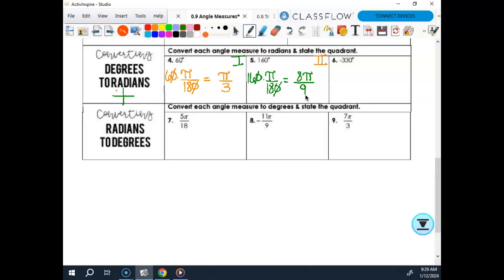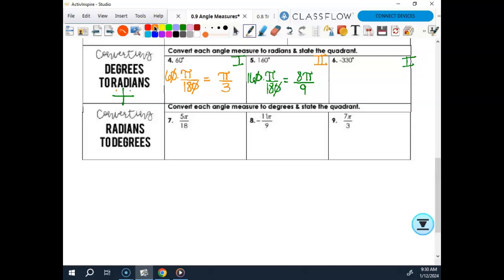All right, negative 330. Now this is negative. Is it going to make what we do any more difficult? No. What quadrant do you think that is in? First, good, because I would start here. Since it's negative, I rotate this way, and I'm not quite to 360. I'm there at 330, or negative 330, and that's in quadrant 1.